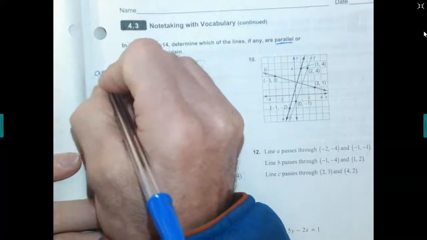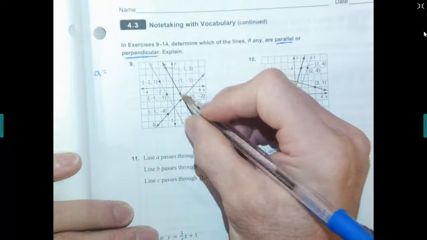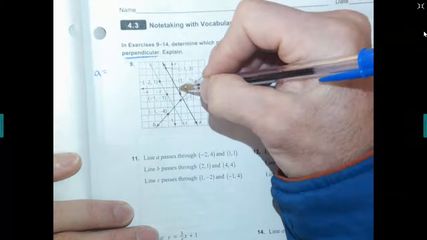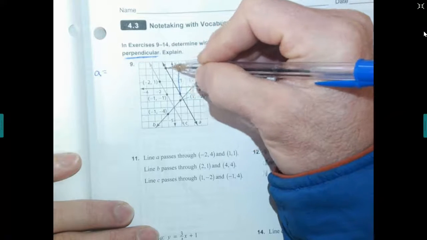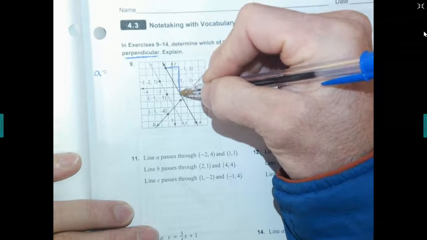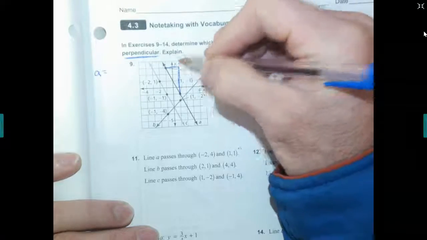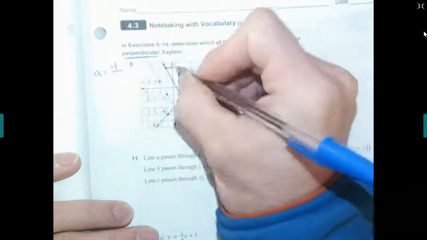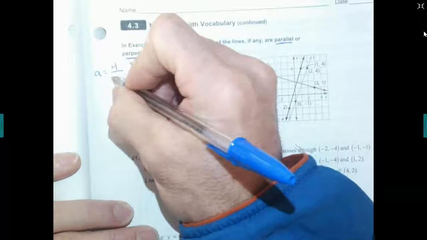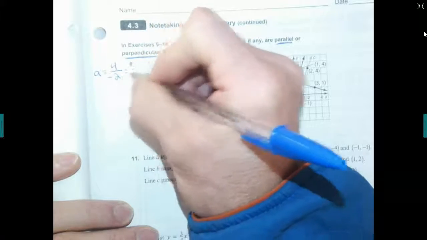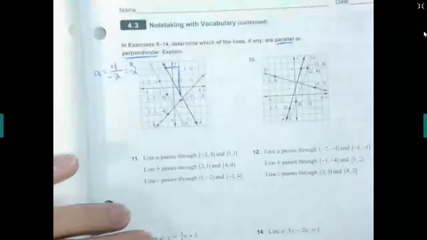So we're going to say line A has a slope. There's a known point right here, and here's a known point. So it goes up 1, 2, 3, 4. So it's a positive 4. And then it's a negative 2. 4 divided by -2 is -2.